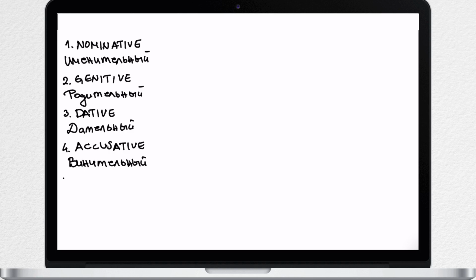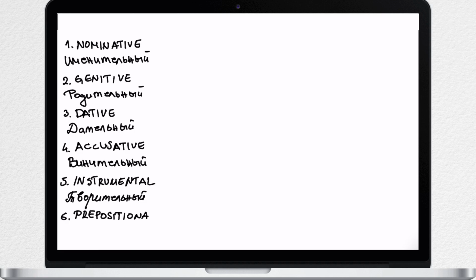The fifth one is instrumental, or in Russian it is called творительный. And the sixth one is prepositional case, or предложный.